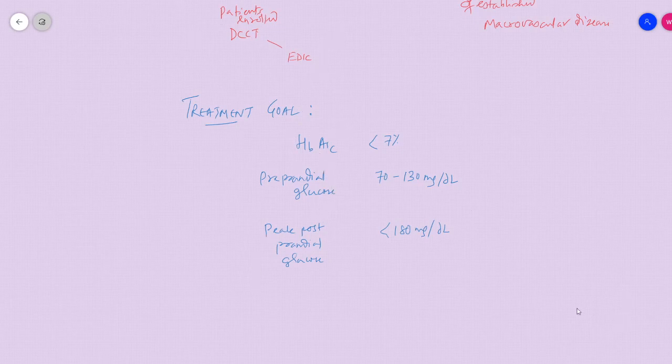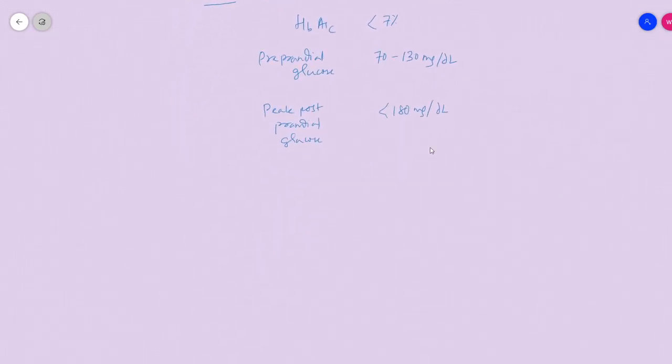The current guidelines set the current goal, and this is based on the guideline of the American Association of Clinical Endocrinologists.